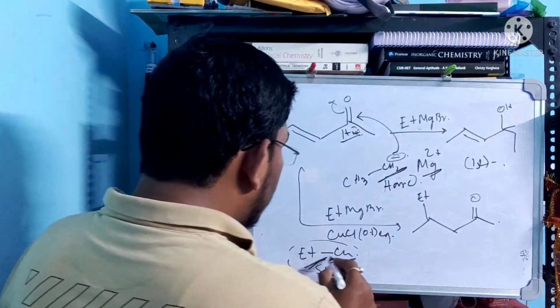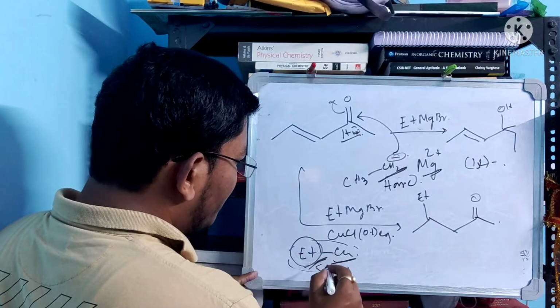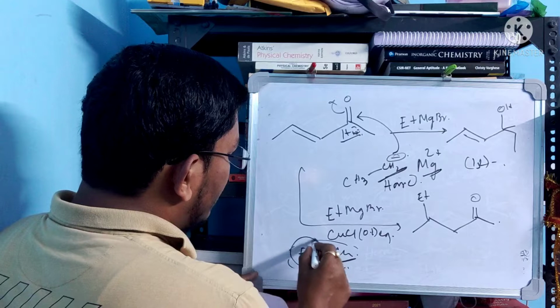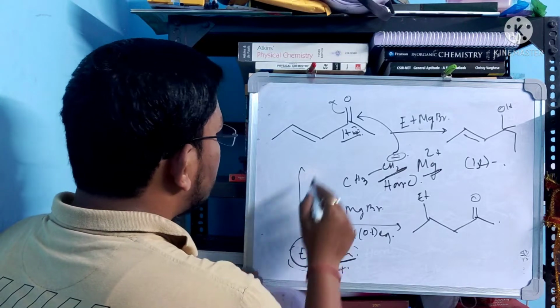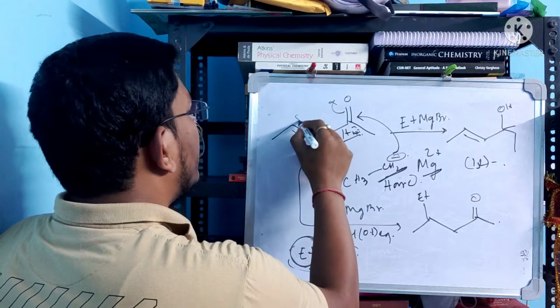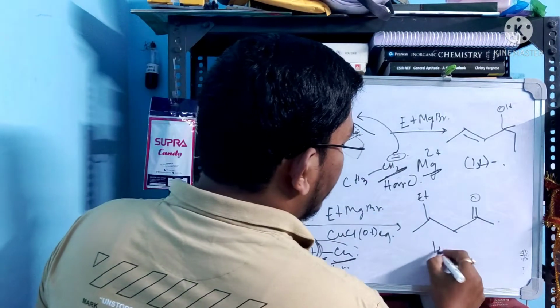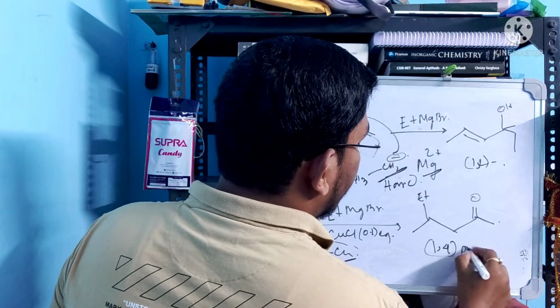Due to being attached with copper, it will behave as a soft nucleophile, and a soft nucleophile will prefer to bind with a soft electrophile according to the HSAB principle. Okay, and we get the 1,4 product.